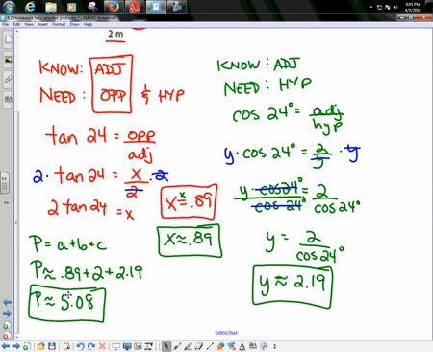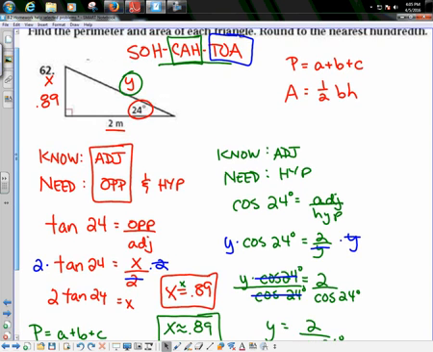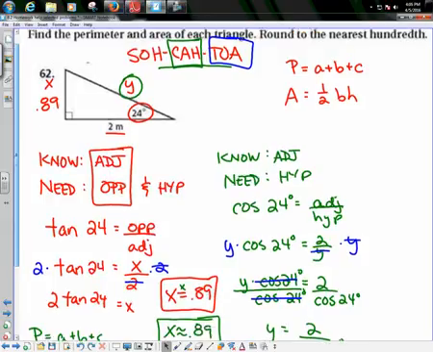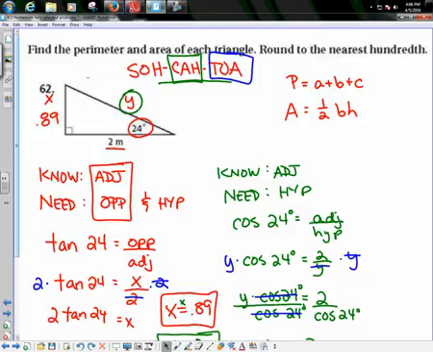Now I need to calculate my area. So remember, for our area, we need to multiply the base times the height. I'm actually going to stay up here at this point. My area is 1/2 my base, which is 2, times my height, which is 0.89. Because 0.89 is an approximate answer, this equal sign is actually going to have to change to an approximate.